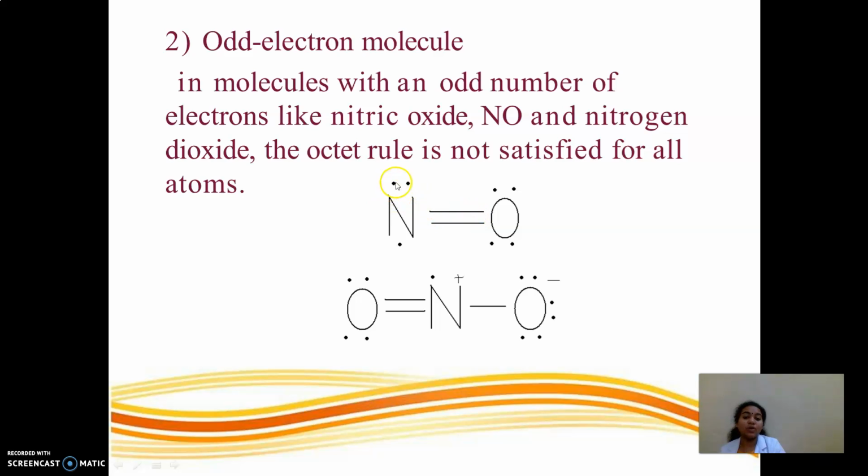But the molecule contains an odd number of electrons overall. So in molecules with an odd number of electrons like nitric oxide and nitrogen dioxide, the octet rule is not satisfied for all atoms. Oxygen is satisfying the octet, but nitrogen is carrying 3, an odd number of electrons. Hence, it is not following the octet. This is another exceptional case.